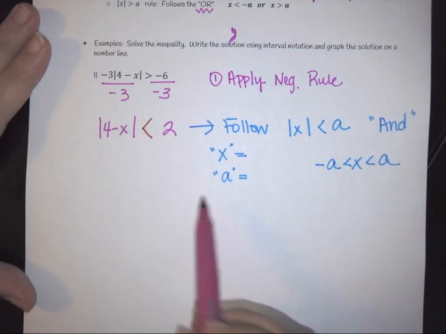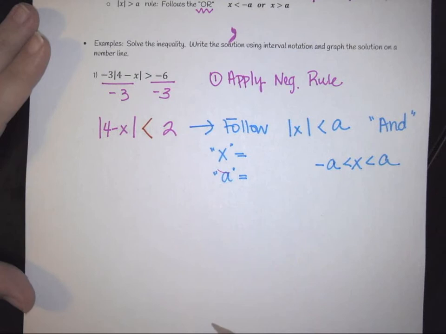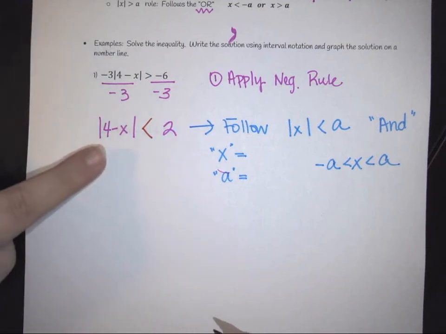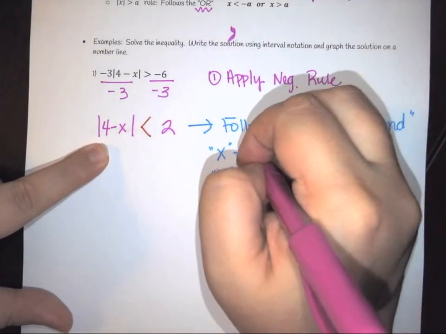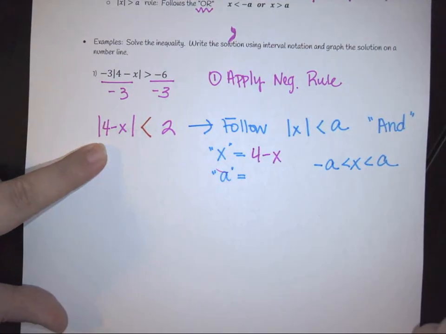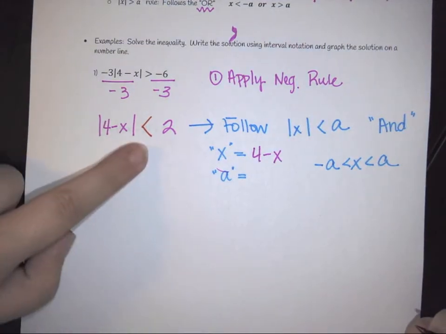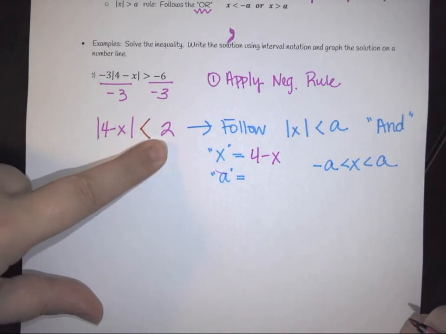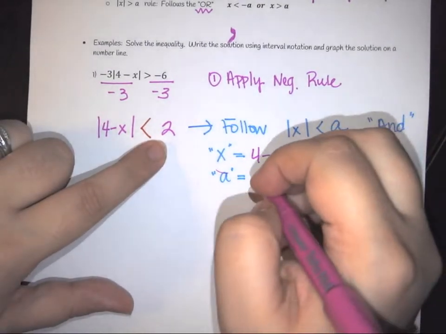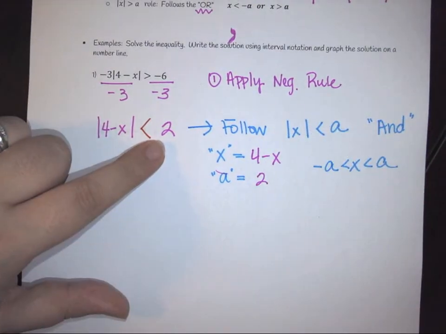So when we look at this, my x term is talking about the gooey center. So here my center is going to be 4 minus x. The a term is talking about my constant over here, which is 2. So I have to plug into my rule here.